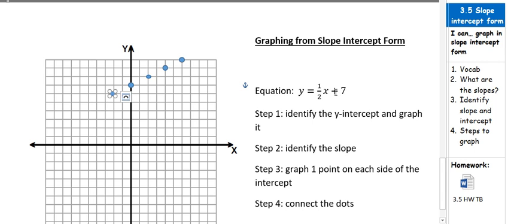It's the opposite of both. And I can continue that. Down 1, left 2. Down 1, left 2.